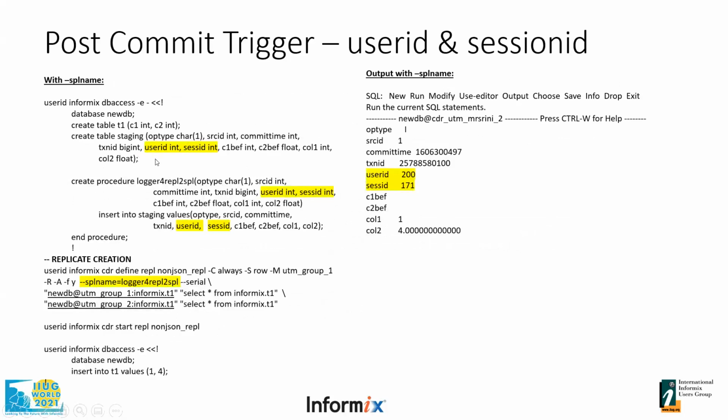Again, I'm just going to go a little fast here because this was already covered yesterday in a different session by Andreas. What we have added here is that now on the SPL name, you will see that there are two new data being added, which is user ID and session ID. This is for some audit purpose. Basically, when you are inserting a value like this, eventually on the target side, it's going to invoke this SPL.